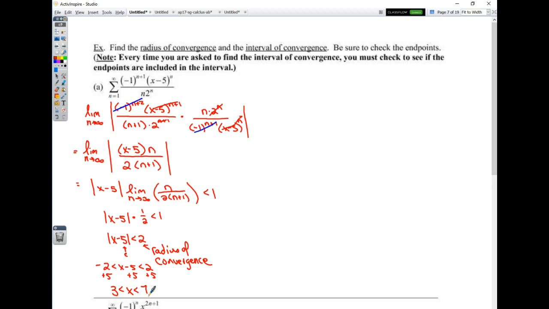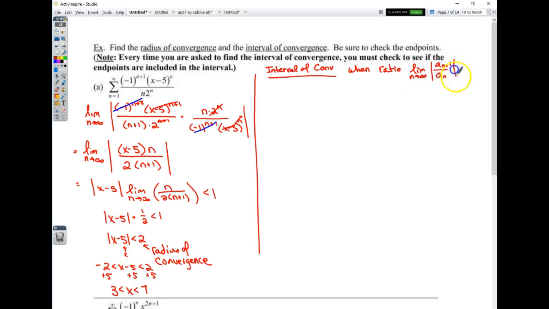Inconclusive. Ladies and gentlemen, let's talk about interval of convergence. When the limit as n approaches infinity of a of n plus 1 over a of n is equal to 1, our test is inconclusive.